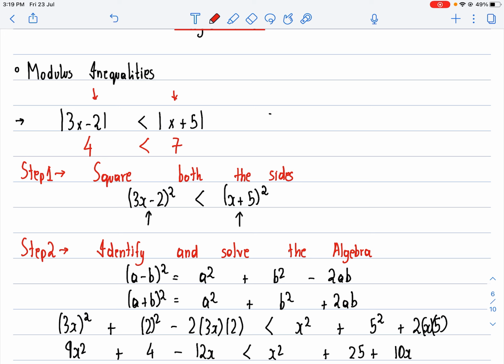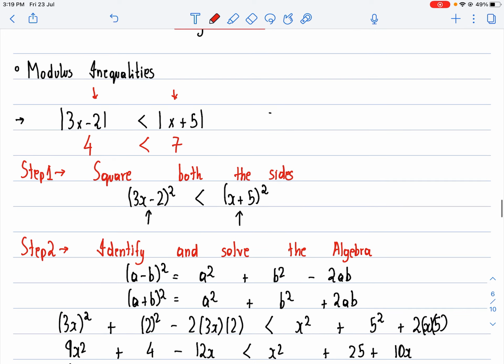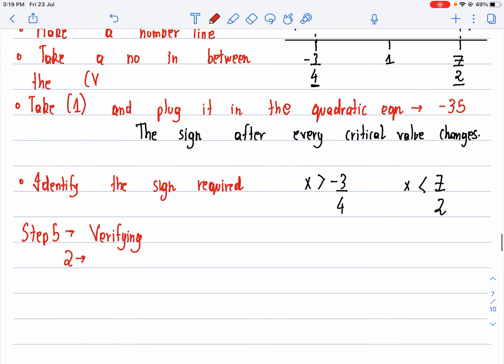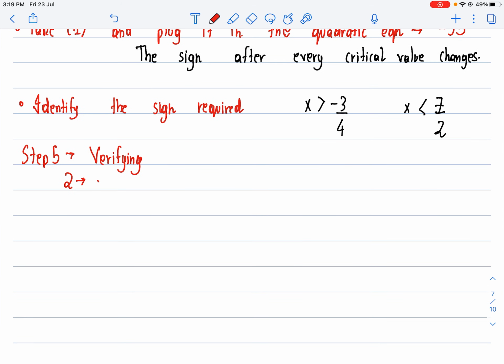Got it? That means 2 is verified and it's satisfying the modulus function. That means both these critical values are verified. So I can simply write x is in between -3/4 and 7/2. This is the final answer.